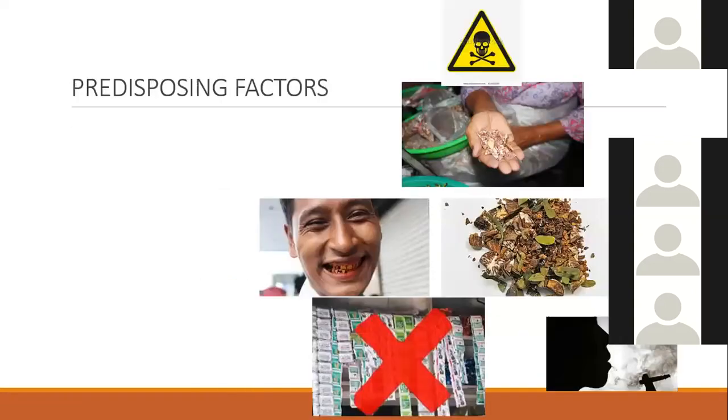Okay. Now, predisposing factors. I've shown you so many pictures, and really, this is a grave concern. The chalia and betel nut practice is so common in Karachi and Sindh.